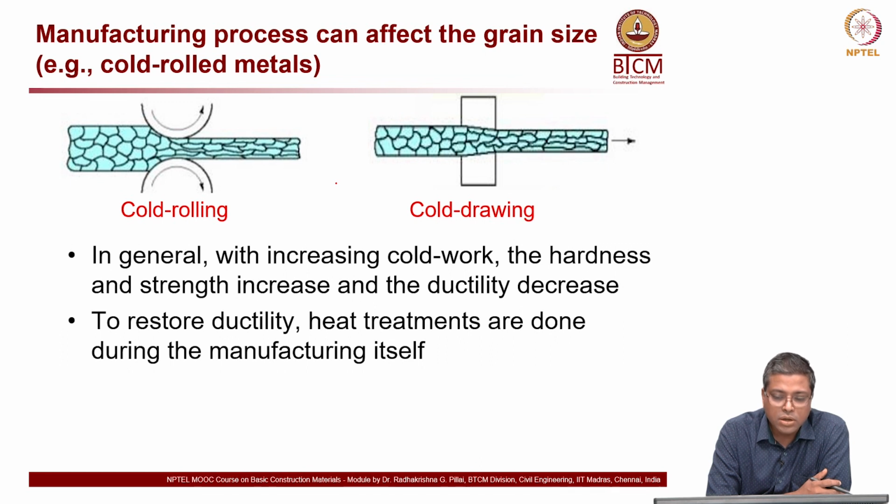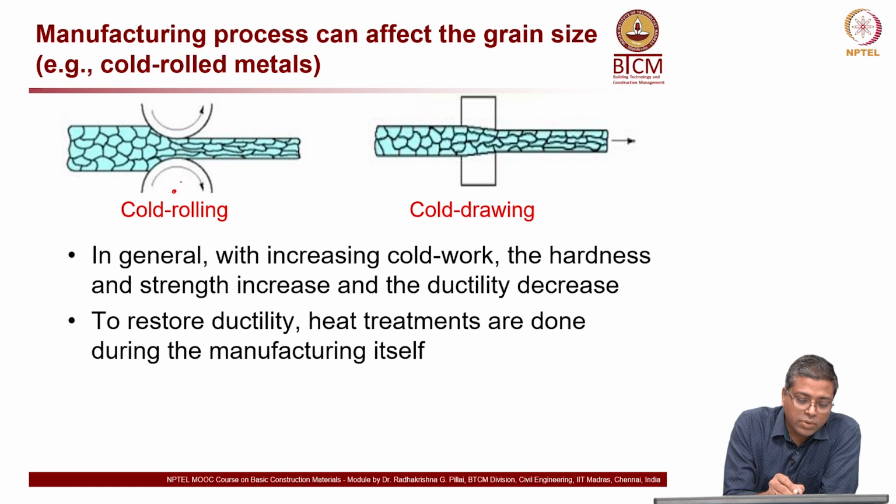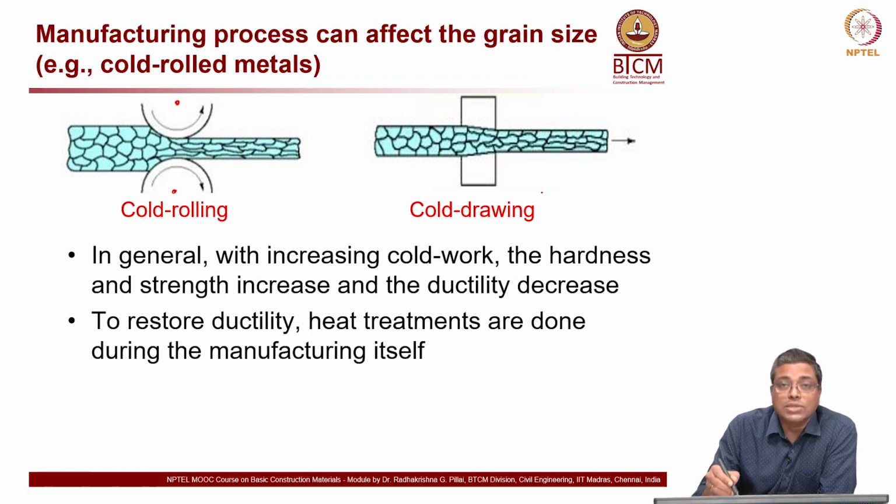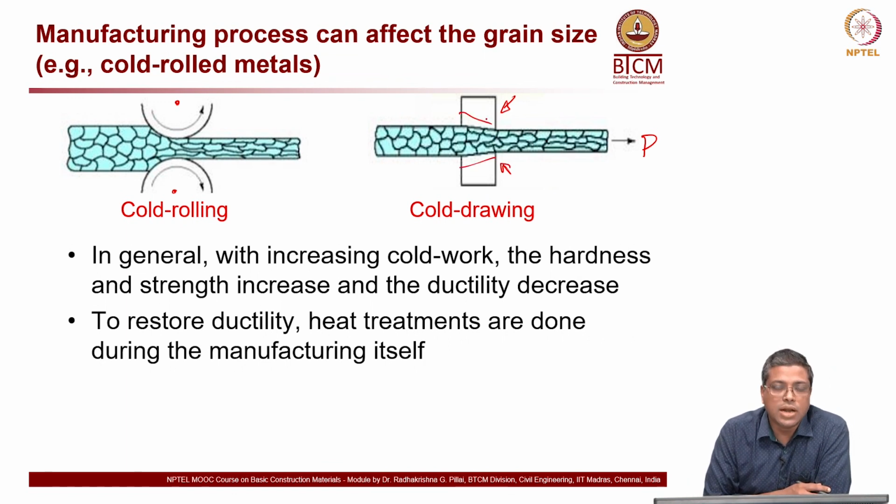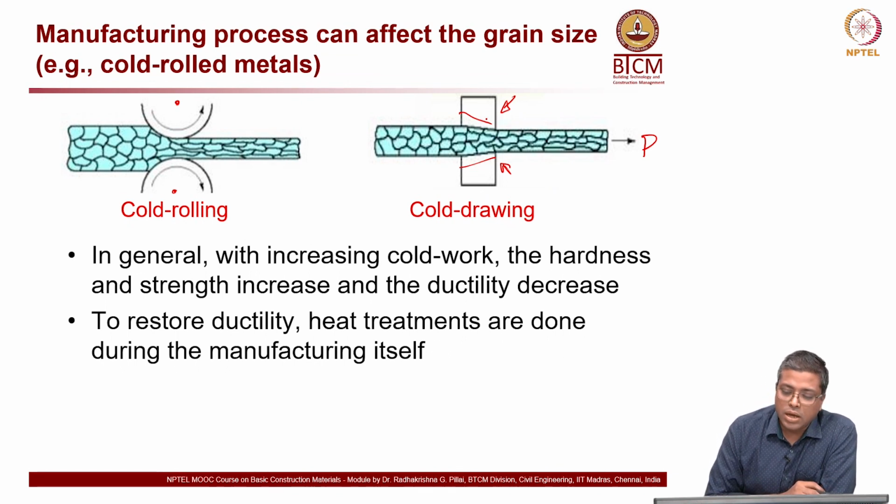There is a common term, cold working or strain hardening, etc. So, cold rolling, where you have two rollers here and the material is coming out through these rollers, whereas in the case of cold drawing, you are actually pulling the metal through a die, which is probably this, and then you can see the change in the dimension or reduction in the dimension as the material is pulled through that. So, cold rolling and cold drawing are two different processes, but the objective is kind of similar.